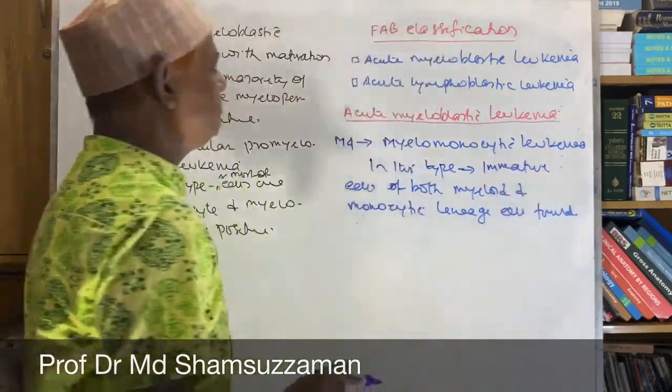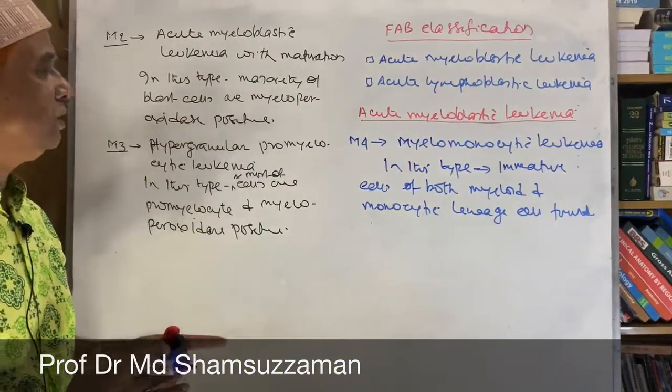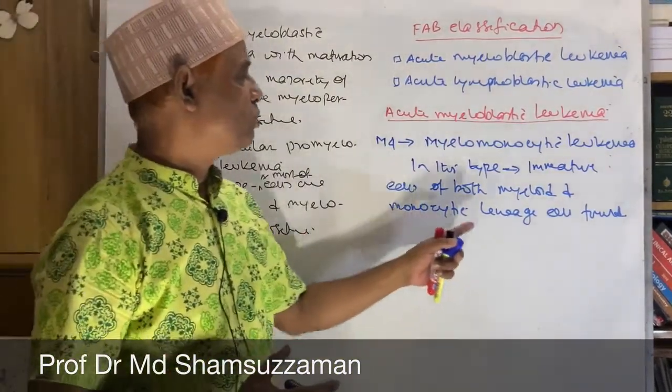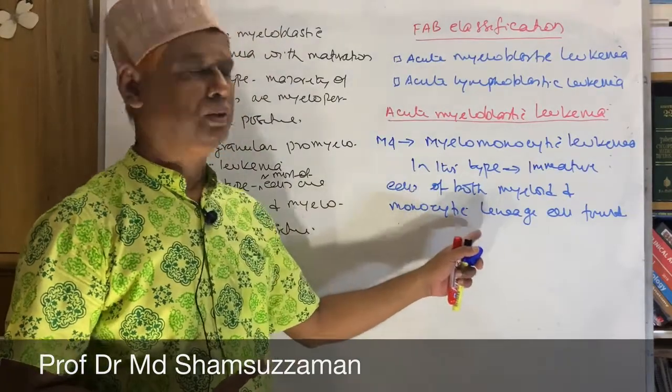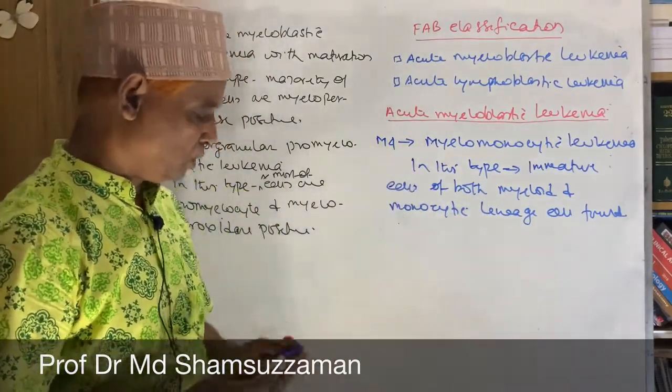So in this type, the immature cells that we get include immature forms of the myeloid series and immature forms of the monocytic series. This is called myelomonocytic leukemia.